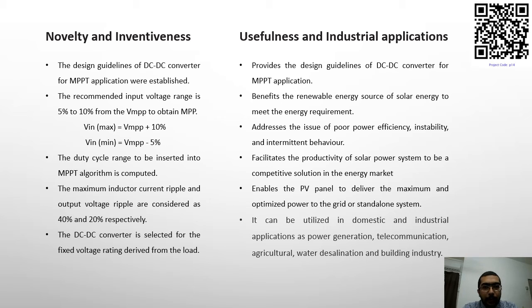It enables the PV system to deliver the optimized and maximum power output to the grid or the standalone system. It is widely applicable in many applications that include power generation, telecommunication, agriculture, water desalination, buildings and household applications.